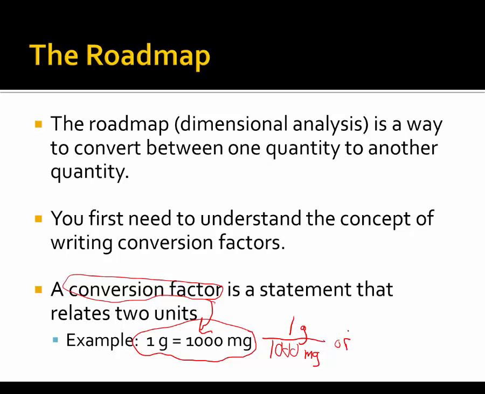Or we can also use it like this. 1,000 milligrams can be compared to 1 gram. So either way it's fine. Again, we are not using it like this. This is how it's written. This is how it's going to be used, in terms of comparison. So we're comparing 1 gram to milligrams or milligrams to grams.